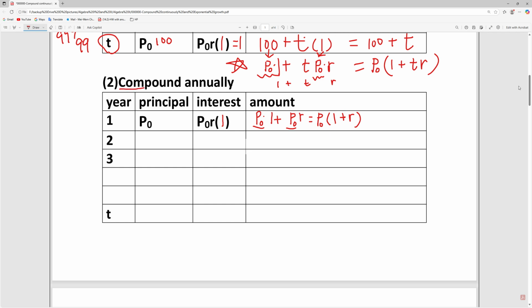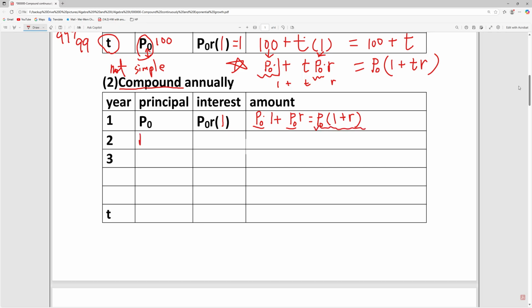because compound annually means not a simple interest. What's the difference between simple interest and compound interest? Simple interest always uses the same principal all the time, but compound interest uses your new amount.